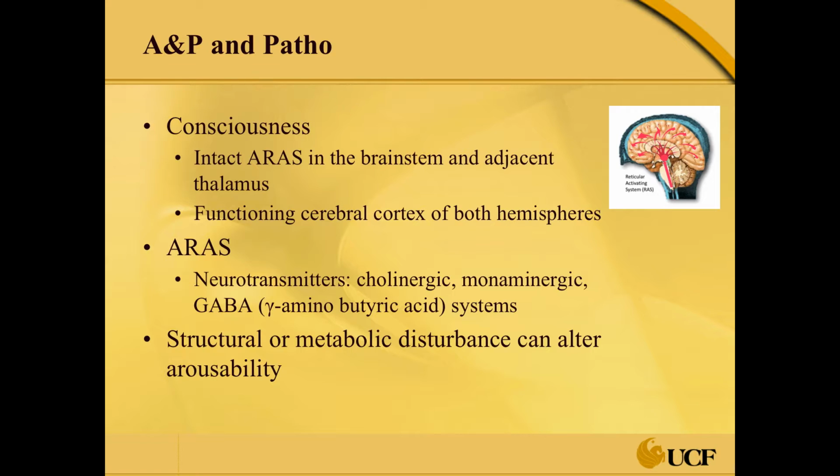Again, with this, oh gosh, my Jack Russell's now barking at me. Okay, so the ascending reticular activating system does have some neurotransmitters involved, which include things like cholinergics, monoaminergics, and GABA, which is gamma-aminobutyric acid systems, and structural or metabolic disturbances can alter arousability as well, right?